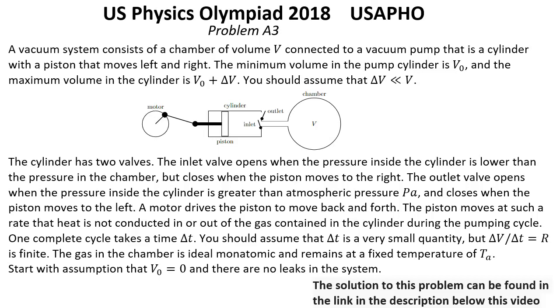The gas in the chamber is ideal monatomic and remains at a fixed temperature of TA. Start with the assumption that V0 equals 0 and there are no leaks in the system.